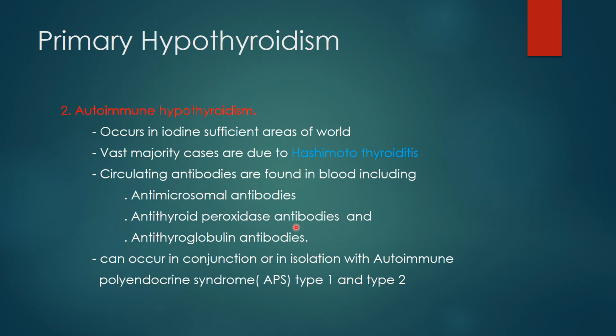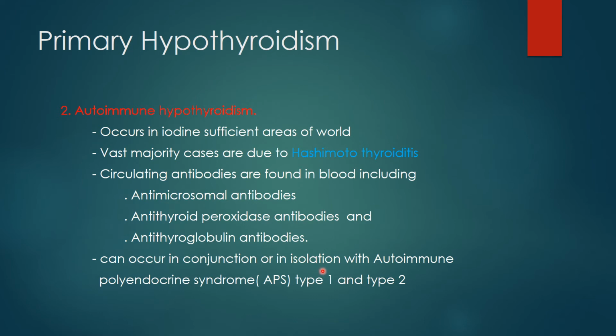They are antimicrosomal antibodies, antithyroid peroxidase antibodies, and antithyroglobulin antibodies. These antibodies cause cellular reactions, destruction of the thyroid follicular cells, mononuclear infiltration, and fibrosis of the thyroid gland. So when the normal parenchyma is lost, there is no production of T3, T4 hormone, and they cause hypothyroidism.